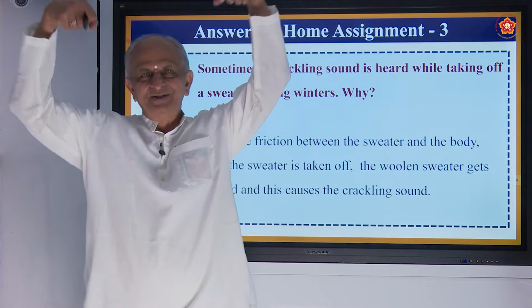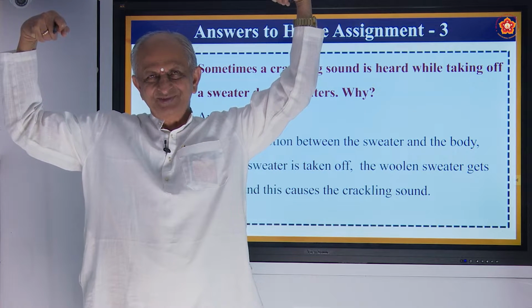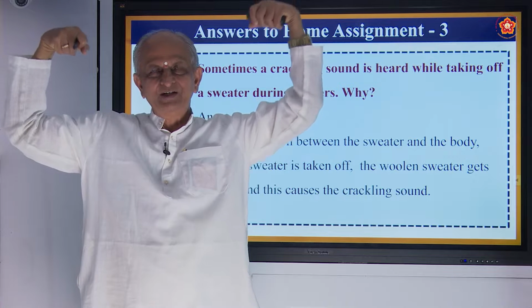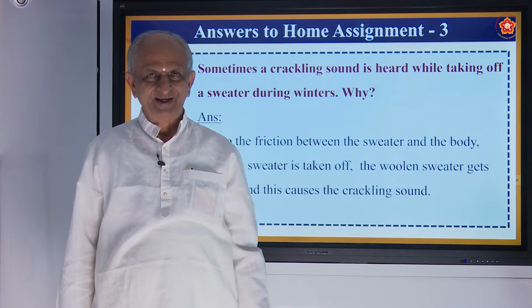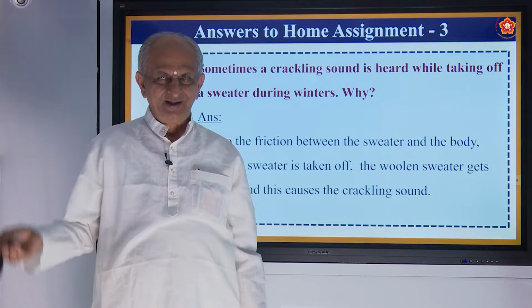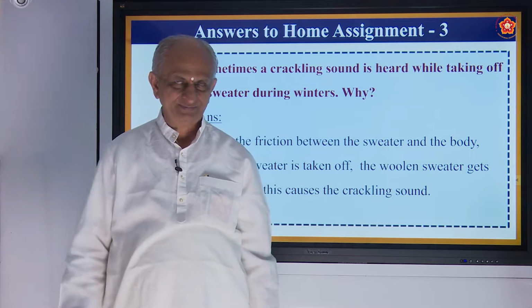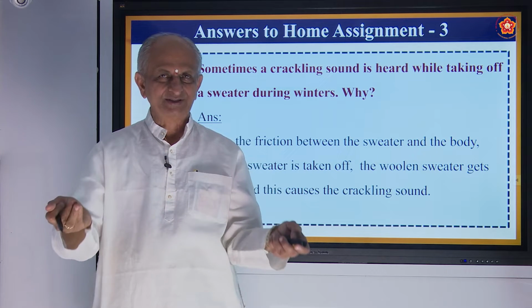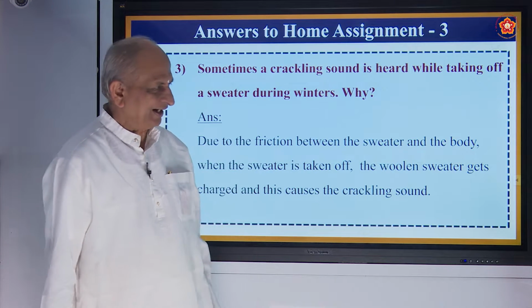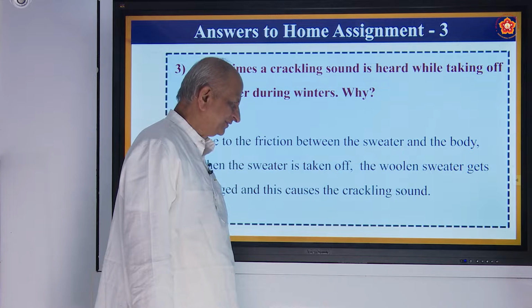So when you just take it off, what happens? There will be rubbing between the sweater and the body. When the rubbing takes place, charges are produced, and that is called static charges.